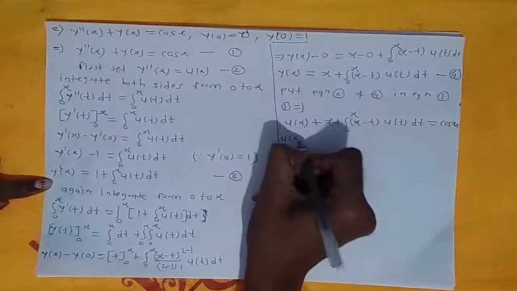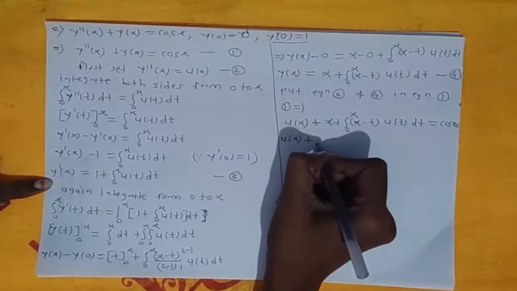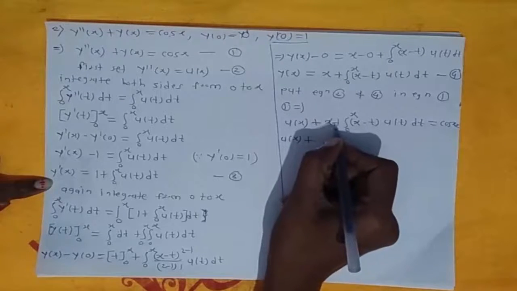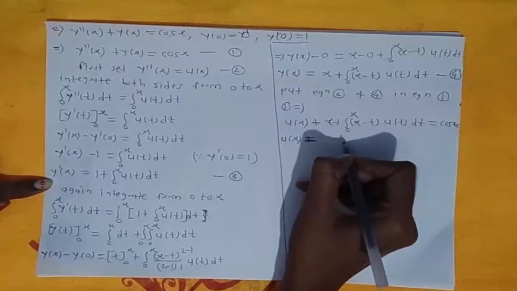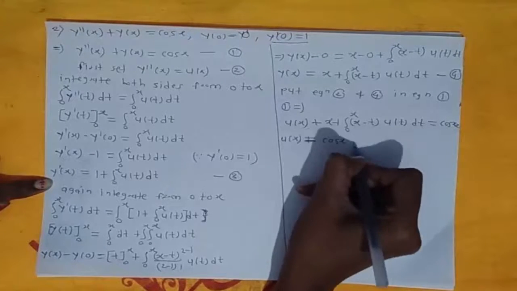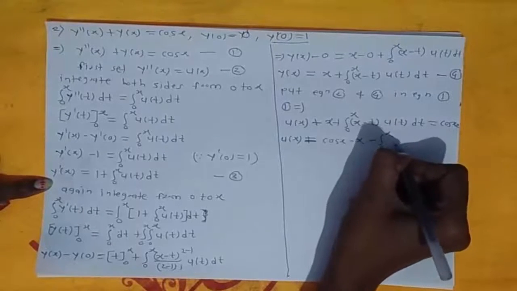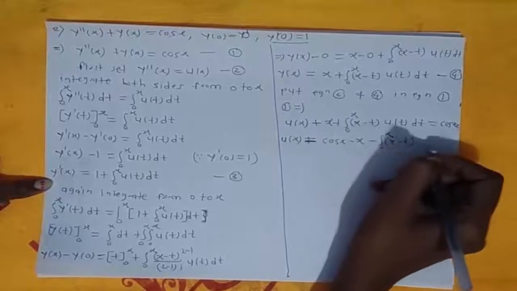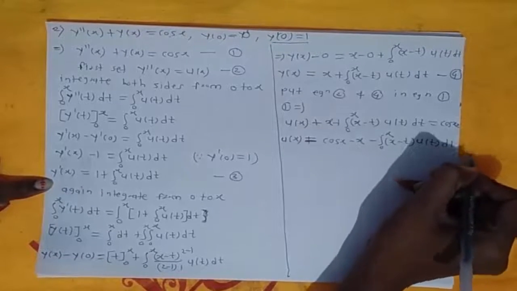By simplifying, we shift all these terms to this side, and we get u of x is equal to cos x minus x minus integration from 0 to x of (x minus t) u of t dt.